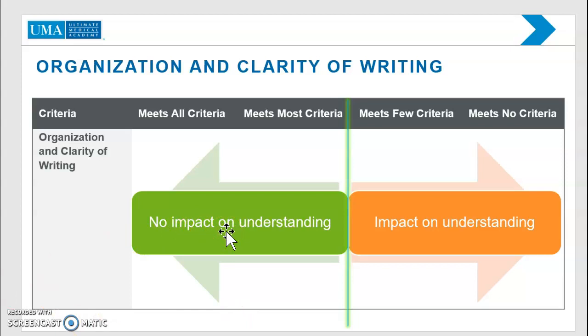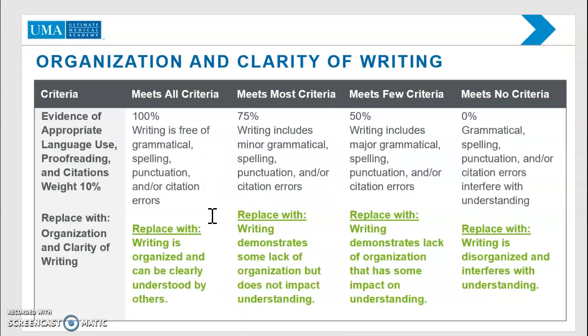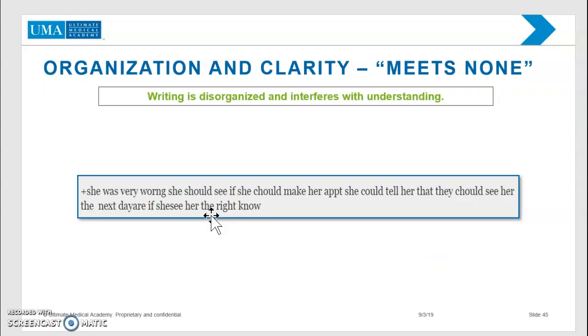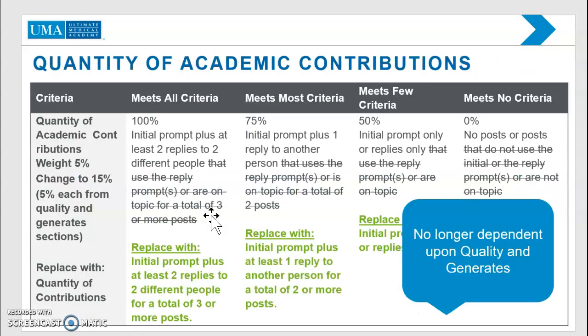So this is a problem in understanding. This is no problem on understanding. This is your criteria. This is your rubrics. Please follow them. And a few examples I have here. Pause them and see if you can follow those.